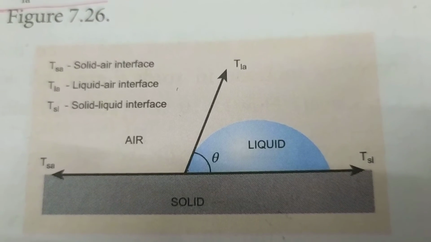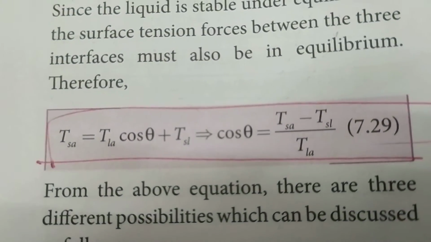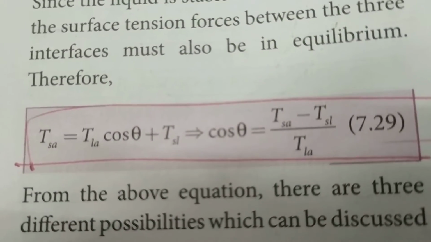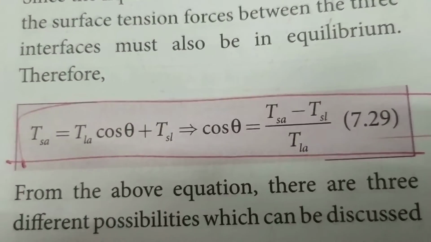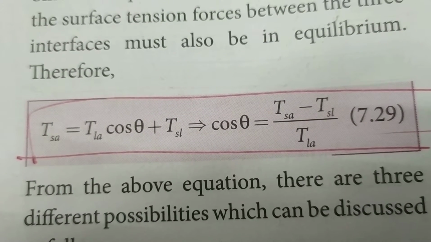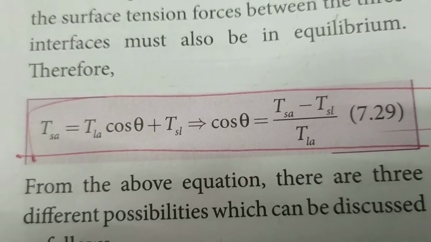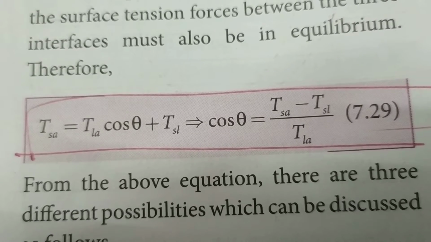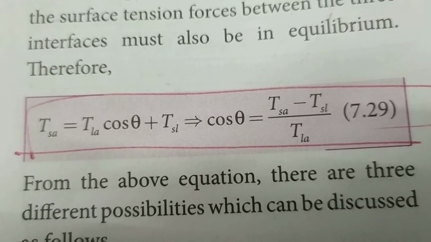The sum of these will balance TSA. So you can write TSA equals TLA cos theta plus TSL, or simply cos theta is equal to TSA minus TSL divided by TLA. Here theta is the angle of contact and T refers to the surface tension.